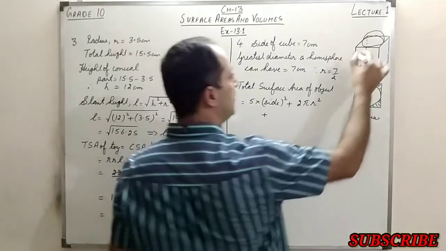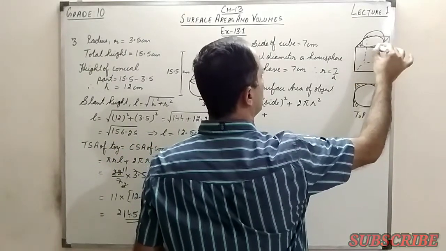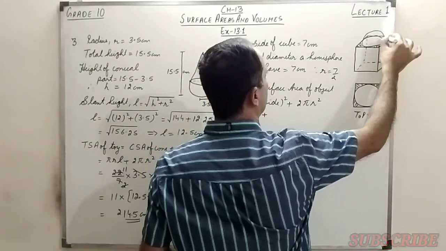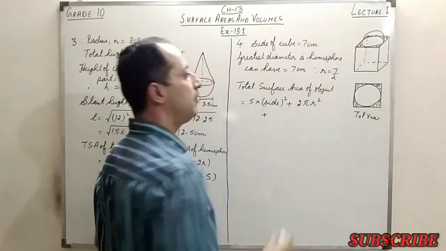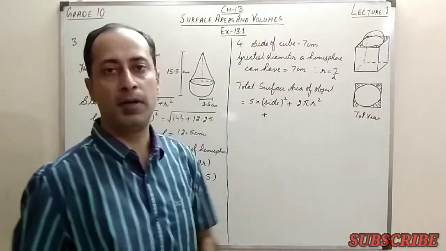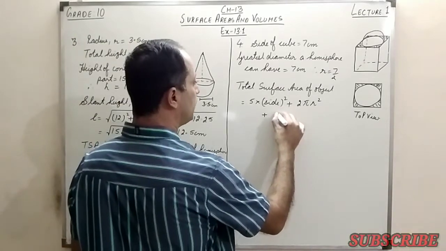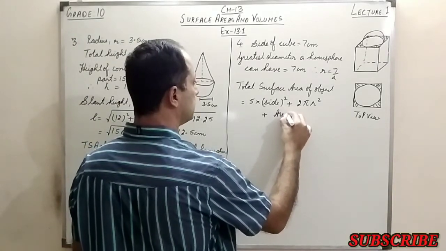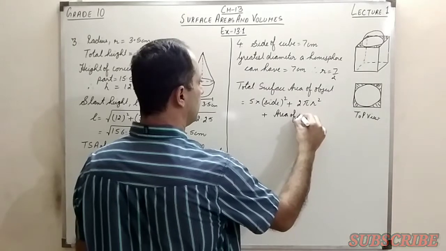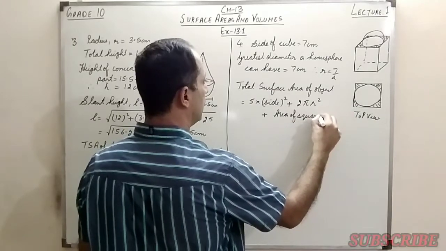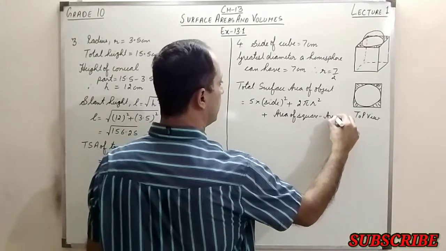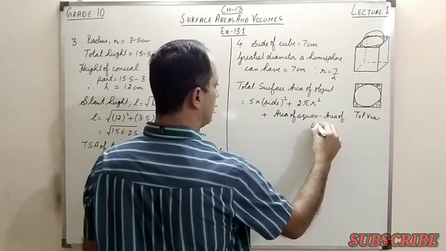Now this shaded portion is basically this one. This portion which I am highlighting here on the right is the portion which is visible in this form, right? So for this, we write area of square minus area of circle.